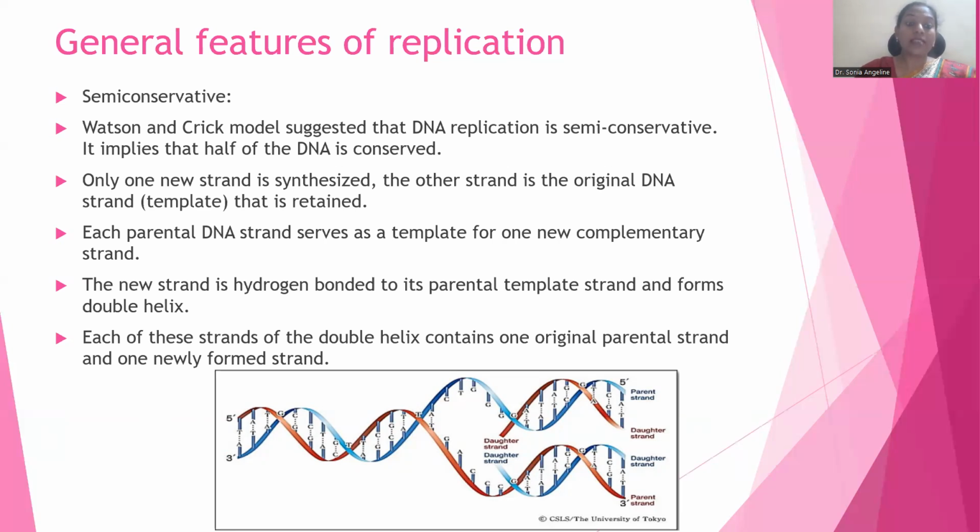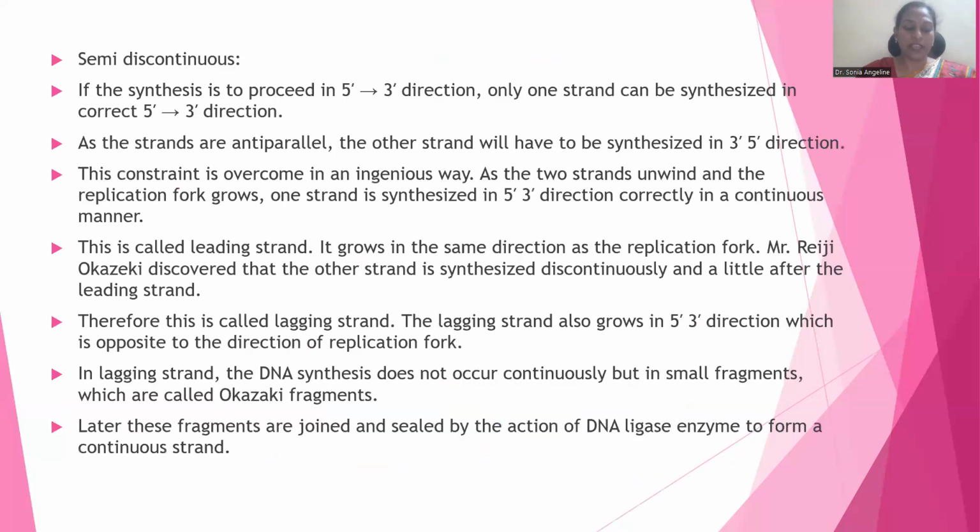The new strand is hydrogen bonded to its parental template strand and forms a double helix. Each double helix contains one original parental strand and a newly formed strand, which is synthesized after replication.